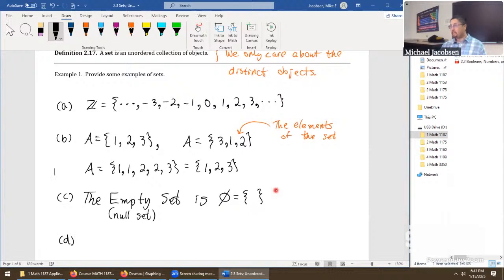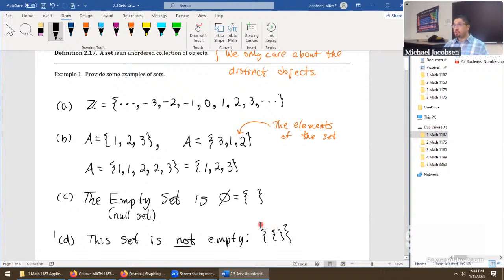We go to part D, we can say that this set is not empty. Let's write down the set. It is going to be the set that contains the empty set. Let me see if I can write that down better. So this set is not empty, even though the one member inside this set is an empty set.